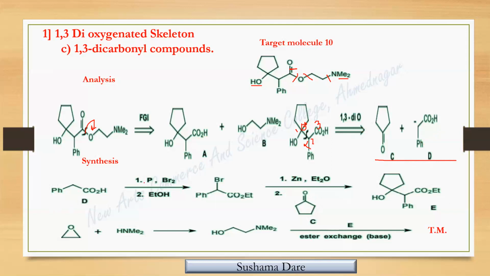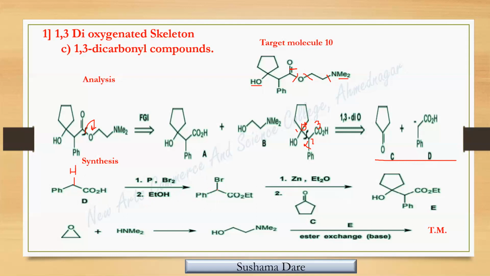Phenylacetic acid, treat it with PBr3, and you get PhCHBr, where the proton is exchanged by Br, and then esterification of the acid functional group. So it gives this. The next step is you treat it with zinc metal, so an organozinc compound is going to form: ZnBr, PhCH, ZnBr.